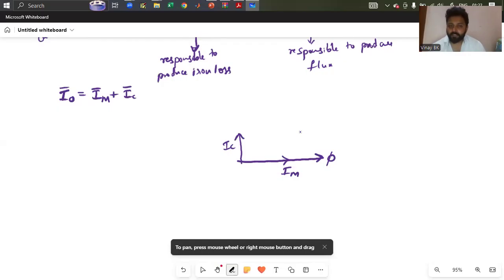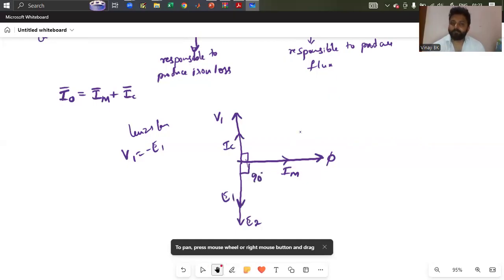IC is in phase with V1, and E1 and V1 are in opposite directions according to Lenz's law. V1 equals minus E1. E1 and E2 are always in phase with each other, and they lag the flux phi by an angle of 90 degrees.